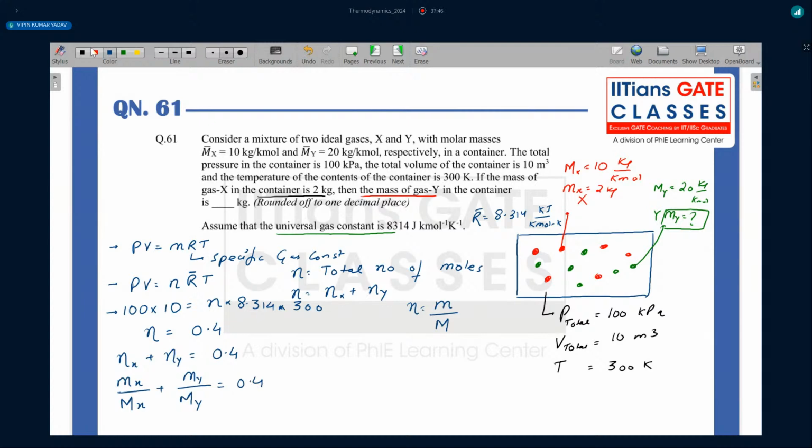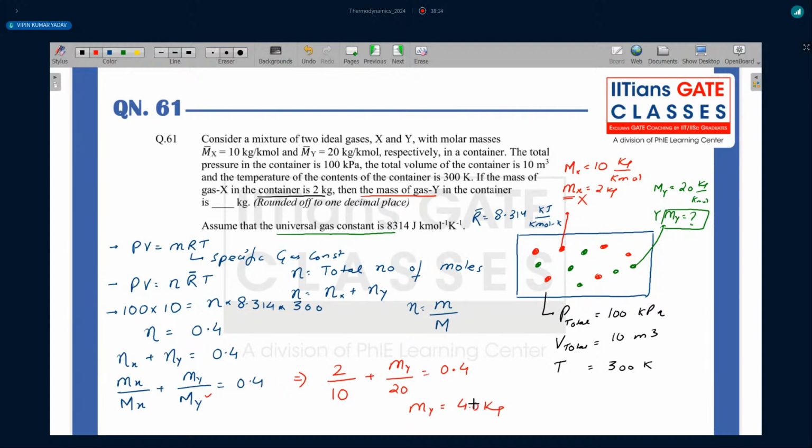Now I know everything except mass of Y. So 2 kg is given, right? 2 upon 10 plus My upon, capital My, molecular mass of Y gas, it is 20, is equal to 0.4. So I can calculate mass of Y is equal to 4 kgs.